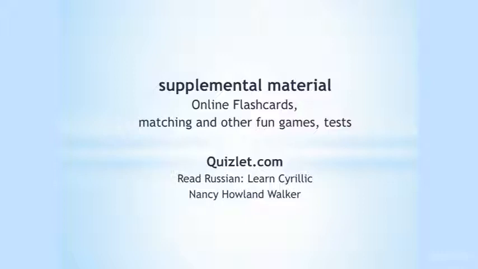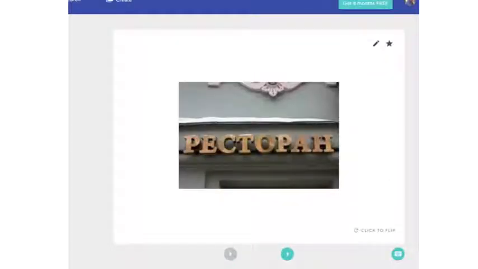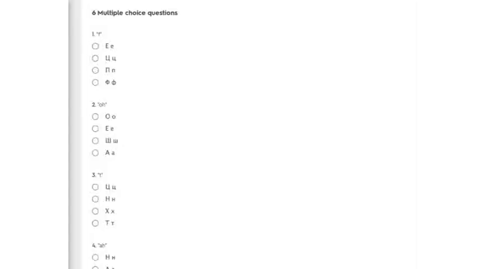This is a great tool for you because they have flashcards, and I'll use them for the letters themselves as well as actual signs that people have taken pictures of in Russia, so you can figure out those. They have games that you can play, matching games and whatnot, and tests. So that's just a wonderful tool.